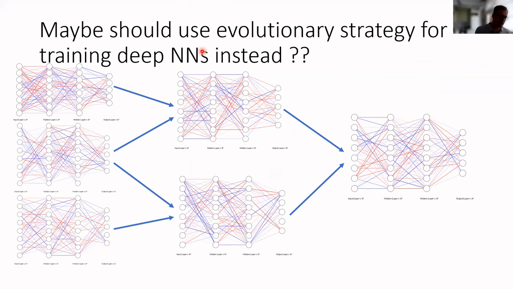What people also do a lot is use evolutionary search to find optimal architectures. So that's definitely maybe something to try, to see if we can avoid the issues with adversarial attacks. So that's another possible perspective.